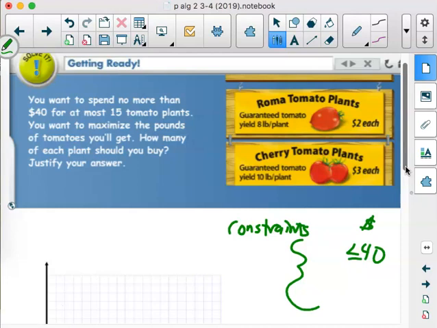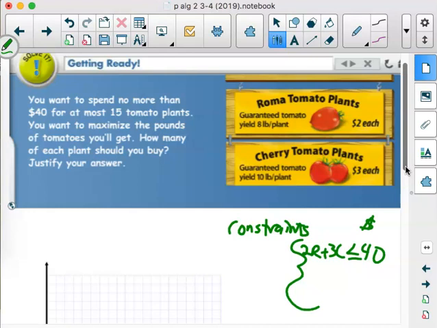Yeah. Now, it's up to you if you want to use x's and y's. I'm going to use R's and C's. So 2R + 3C is less than or equal to 40. And all of that was about money. So that's why it's important that we look at the label for the total. What was the other total in there? 15, yeah, because tomato plants take space.